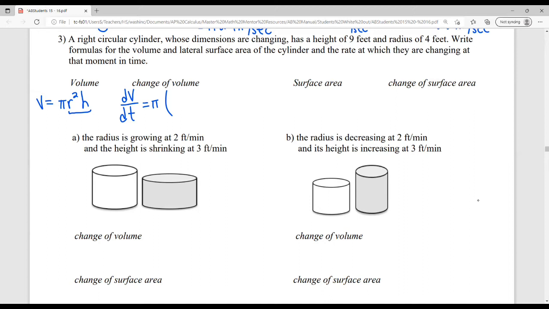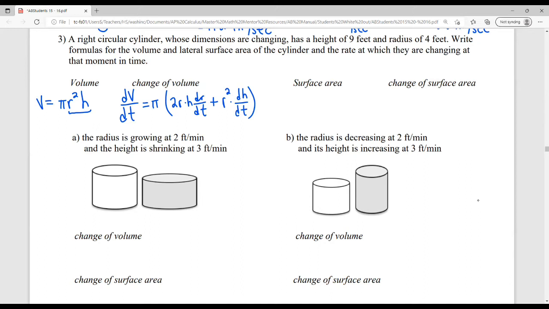So the derivative of r squared is 2r times h, times dr/dt, since we took the derivative of r with respect to time, plus the derivative of h is just 1 times r squared. And since we took the derivative of h, that's going to be times dh/dt.